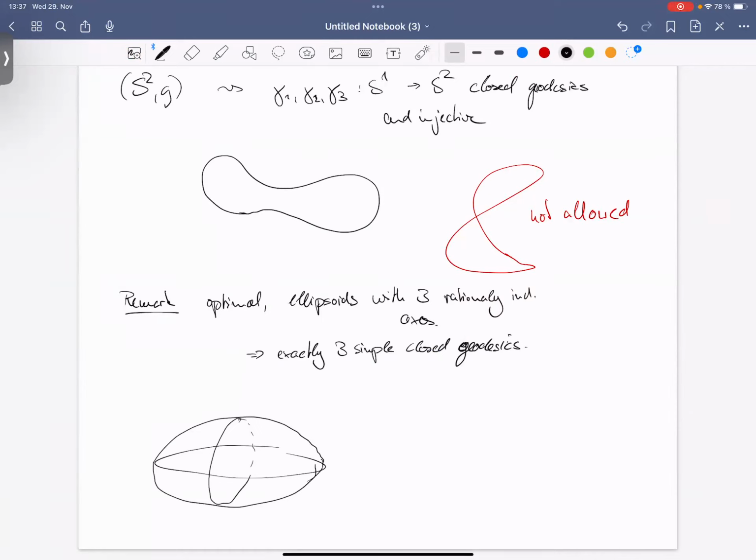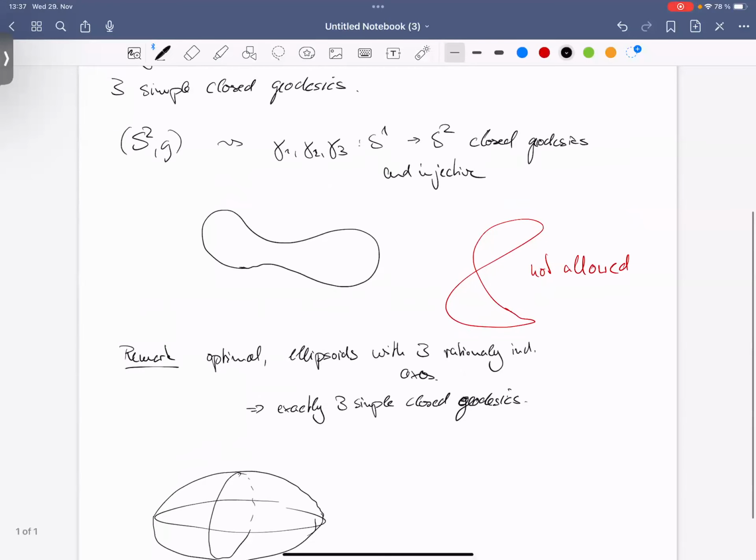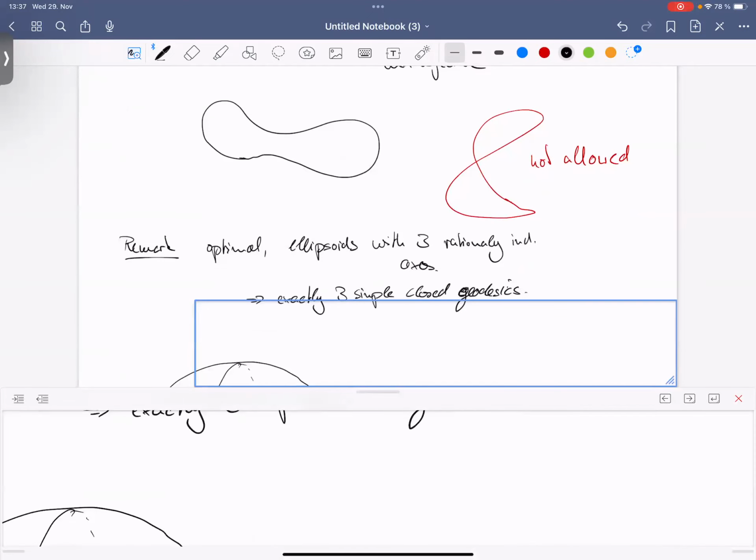So the three lines I'm drawing here are the three closed geodesics, and there are no other simple ones, because these ellipsoids form a certain integrable system, and you can show that all other geodesics are not simple closed. There are lots of other closed geodesics, because you know that every Riemannian two-sphere has infinitely many closed geodesics, but all the other ones are not simple closed.